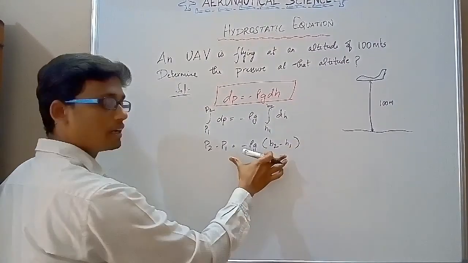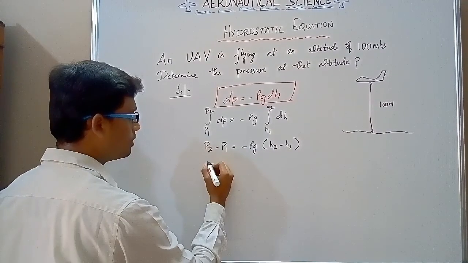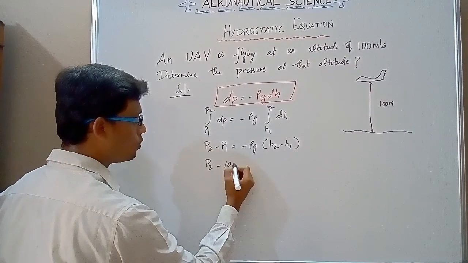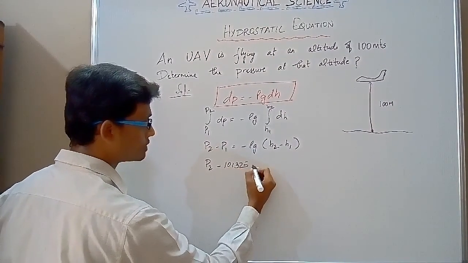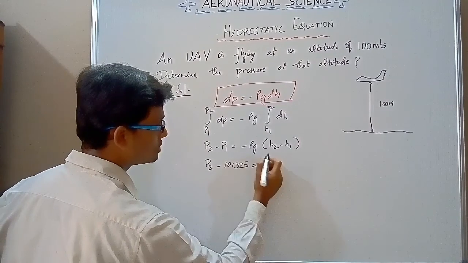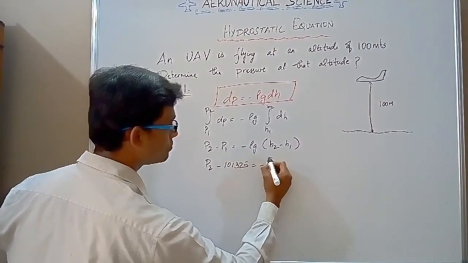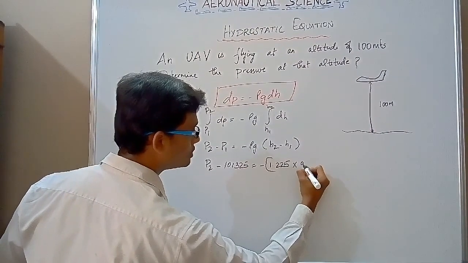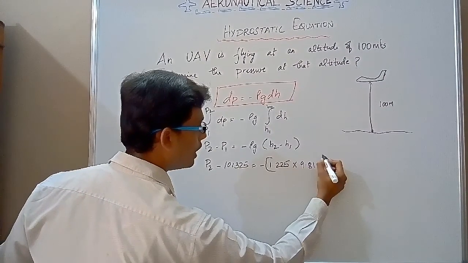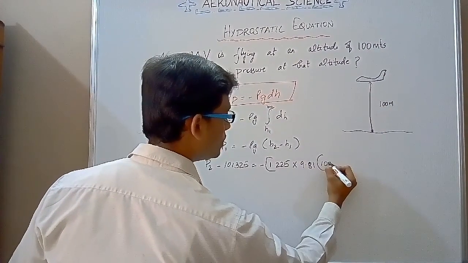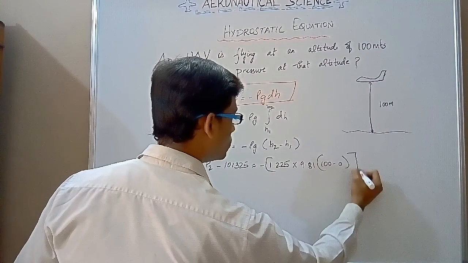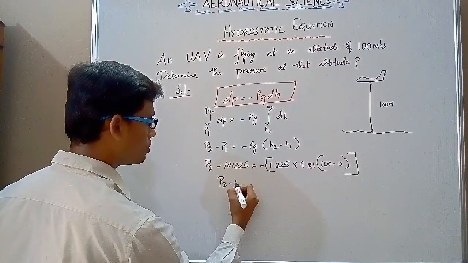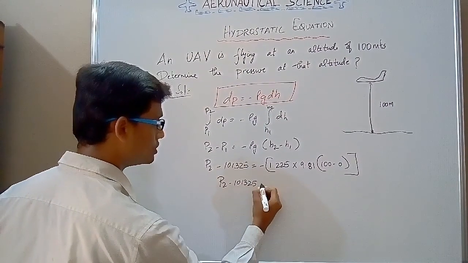By substituting the respective values in this equation, we get P2 minus the pressure at sea level, which we know is 101,325 pascals, equal to minus the density at sea level, 1.225 kilogram per meter cube, into gravity 9.81, into h2 minus h1, where h2 is 100 meters and h at sea level is 0. By solving this, we get P2 minus 101,325 equal to minus 1201.725.